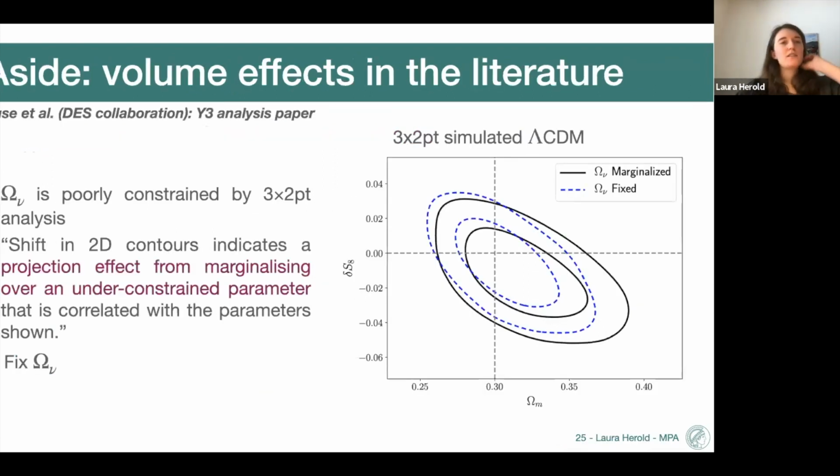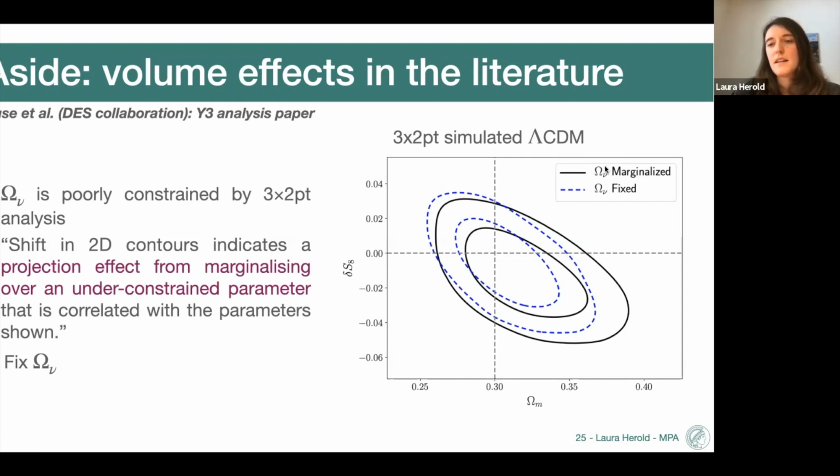To illustrate these prior volume effects, I picked one example from the literature in the context of lambda CDM, not EDE. This is taken from a DES collaboration Y3 analysis paper, where they tested their analysis pipeline on simulated 3x2pt data in the context of lambda CDM. They tested two different analysis choices.